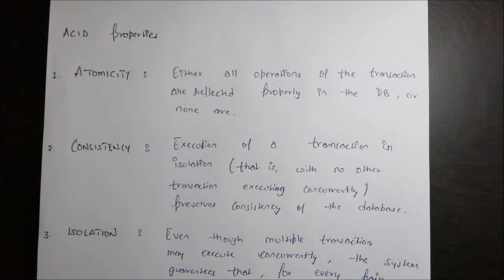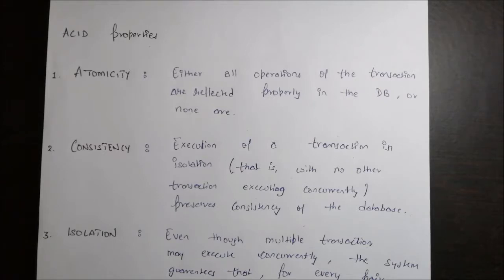It is not possible that some operations are performed and the transaction fails, and some values are updated and some are not. If that is the case, then it is not following the atomicity property. Atomicity is: either all operations of the transaction are reflected properly in the database or none are.